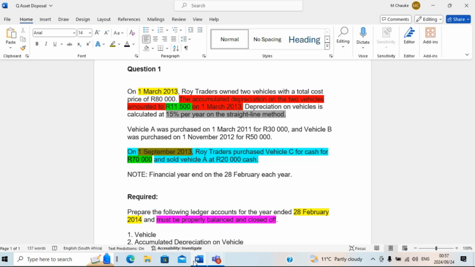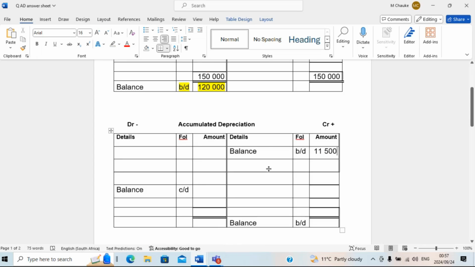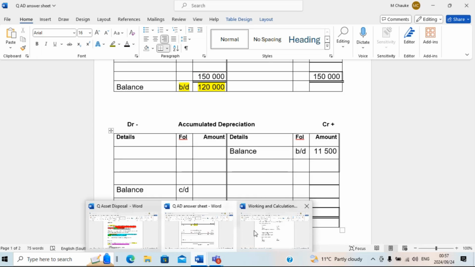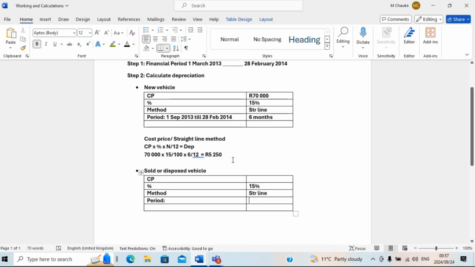So we come this side of the workings. I'm going to say the cost price there is 30,000, right? And then the period: this vehicle was there for how long in the business?